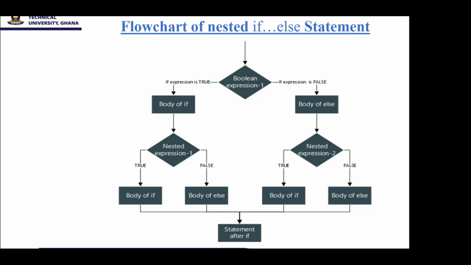When you look at this flowchart, the branches of the Boolean expression 1 give us the opportunity to execute a normal if else. So if it is true, the body of the if will be executed. And if it is false, the body of the else will be executed.